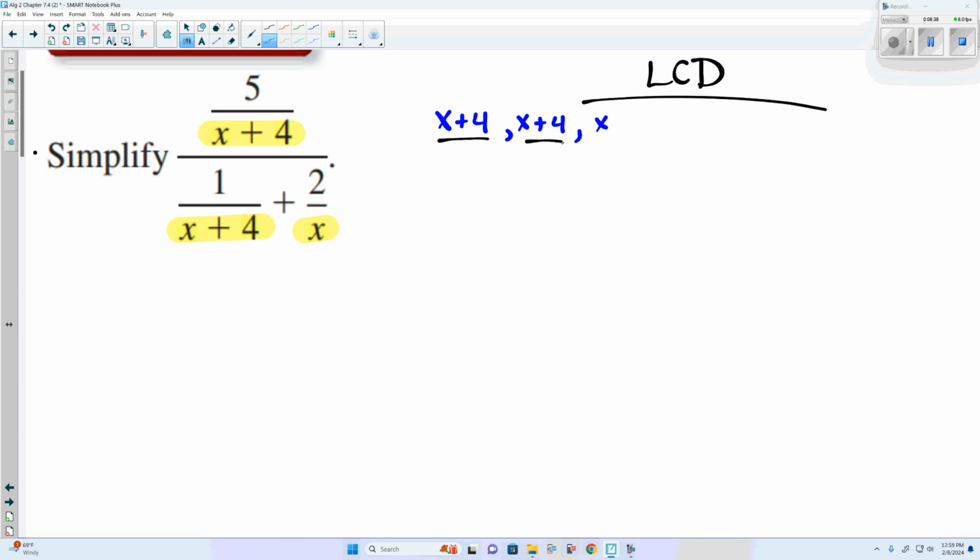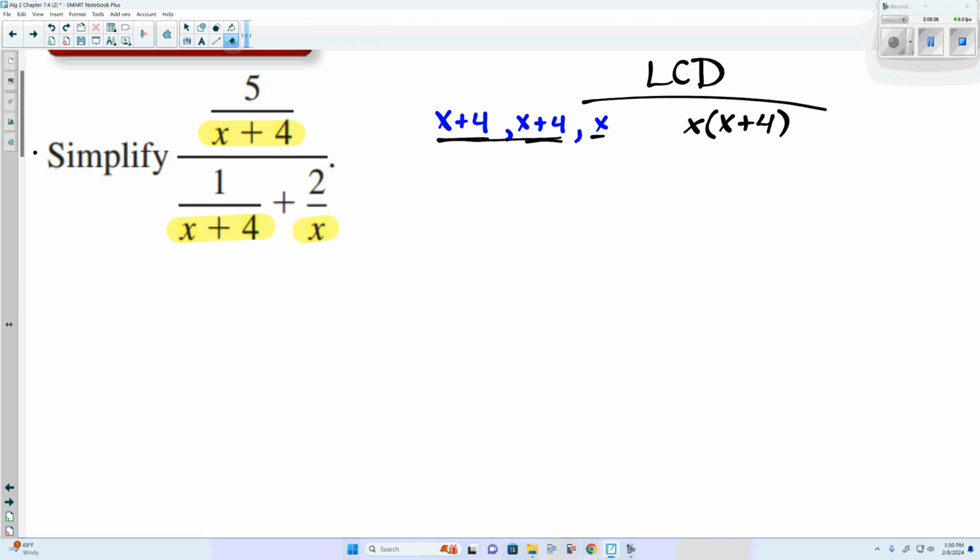Well, it'll just be x plus 4, because they're already the same. But since in each denominator it only appears once, we only need it once as part of the least common denominator. What else do we need for it? x. So our least common denominator for this is x plus 4 and x.